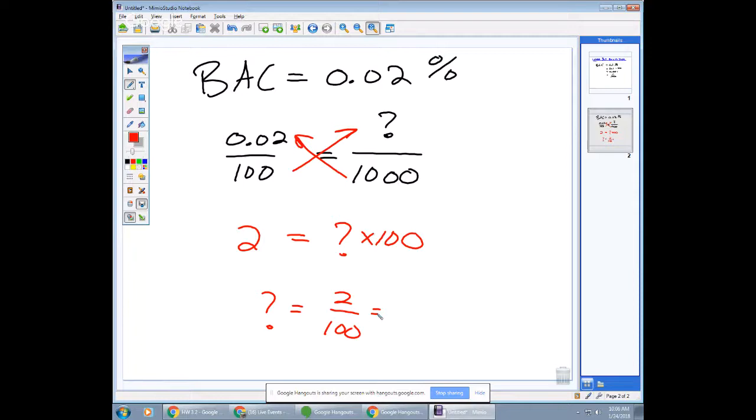It would be 20, wouldn't it? Yeah, thank you. We get 20 out of 100, which would be 2 out of 10, or 0.2. So 2 hundredths out of 100 would be the same as 2 tenths out of 1,000, is what we just figured out. So this would be grams of alcohol for that problem there.